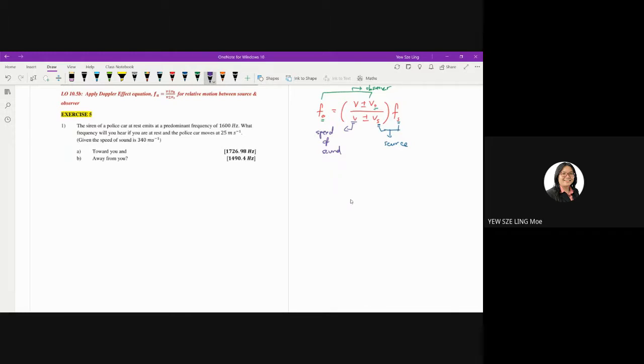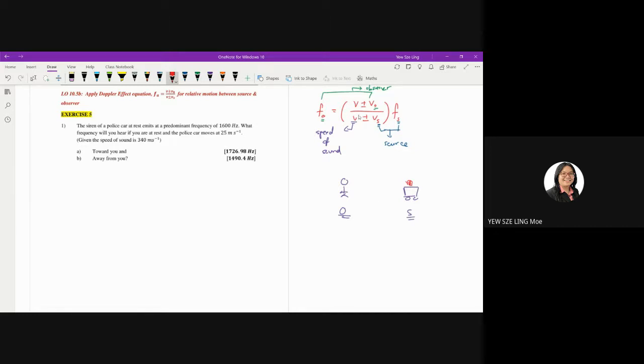If you remember, let's say this is the observer, O, and then this is our source. So we have observer, we have source. So what happens to the V? V doesn't matter whether your observer is going to the left or going to the right, and the source is going to the left or going to the right.